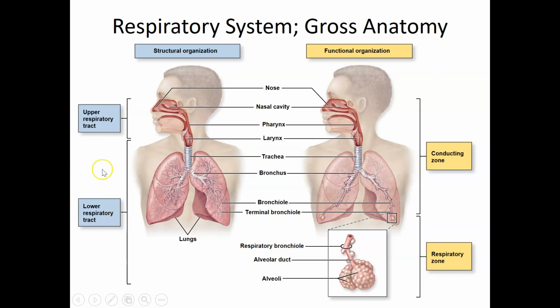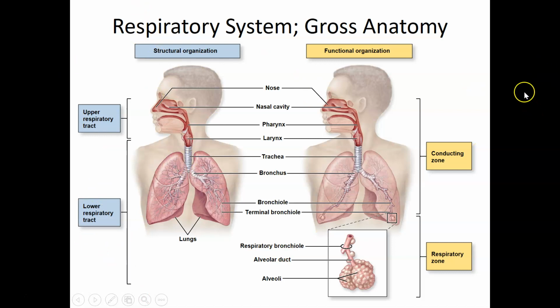The lower respiratory tract starts with the larynx or the voice box and continues into tubes, starting with relatively large diameter tubes, the trachea, and that branches continuously into smaller and smaller tubes within the lungs. Those include the relatively large tubes called the bronchi and the small tubes called the bronchioles. So in terms of structural organization, those are the main structures involved.